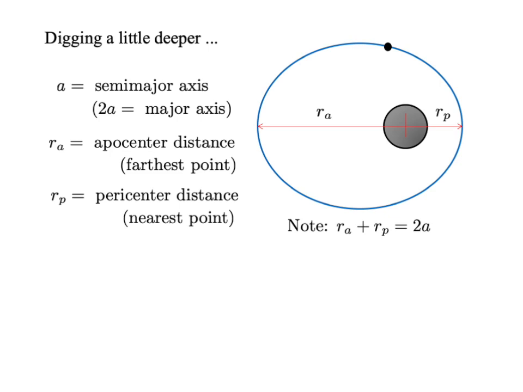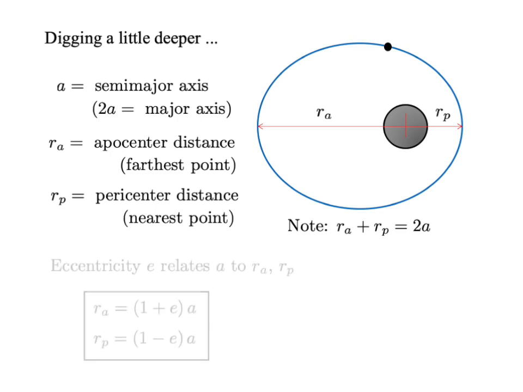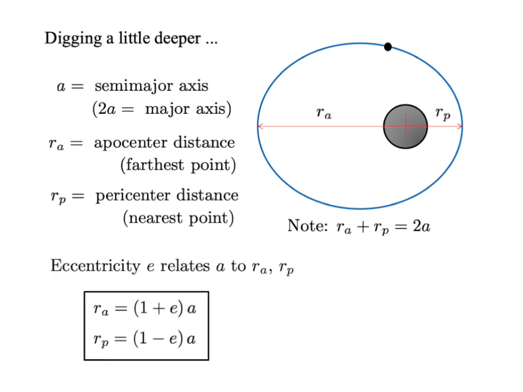Now the eccentricity relates these nearest and farthest distances to the semi-major axis. So for example, the apocenter is 1 plus the eccentricity times the semi-major axis. And the pericenter is 1 minus the eccentricity times the semi-major axis. We can express that relationship in a different algebraic way by writing a formula for the eccentricity.